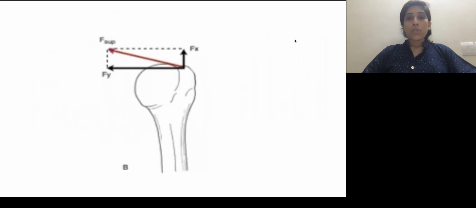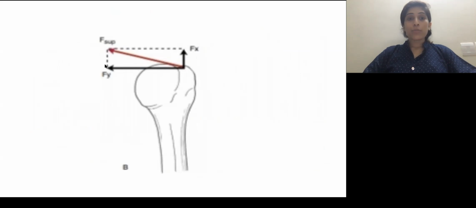Here you can all see the direction of the force. Fx is in the upward direction, Fy is the rotatory force, and this red line indicates the force vector. We can see this Fx is comparatively less, and the rotational force is much greater.